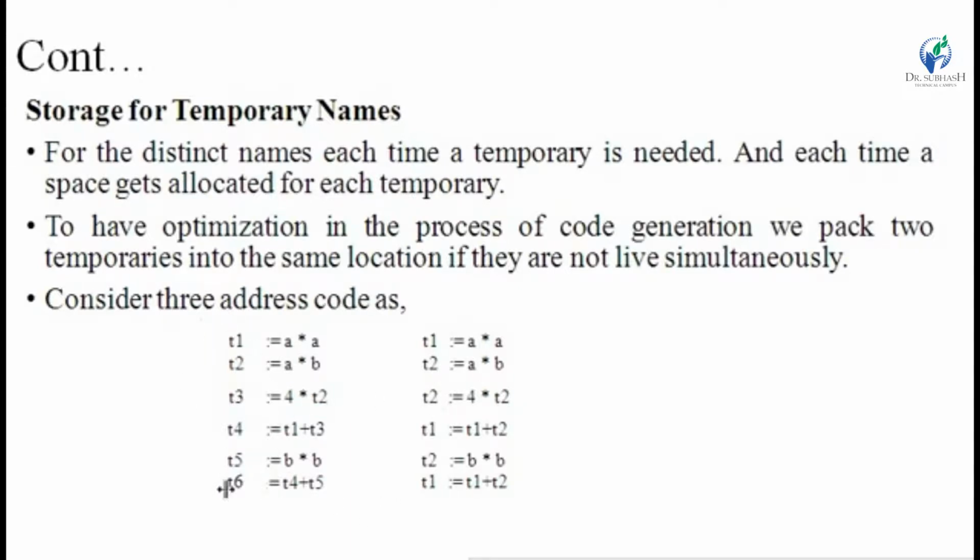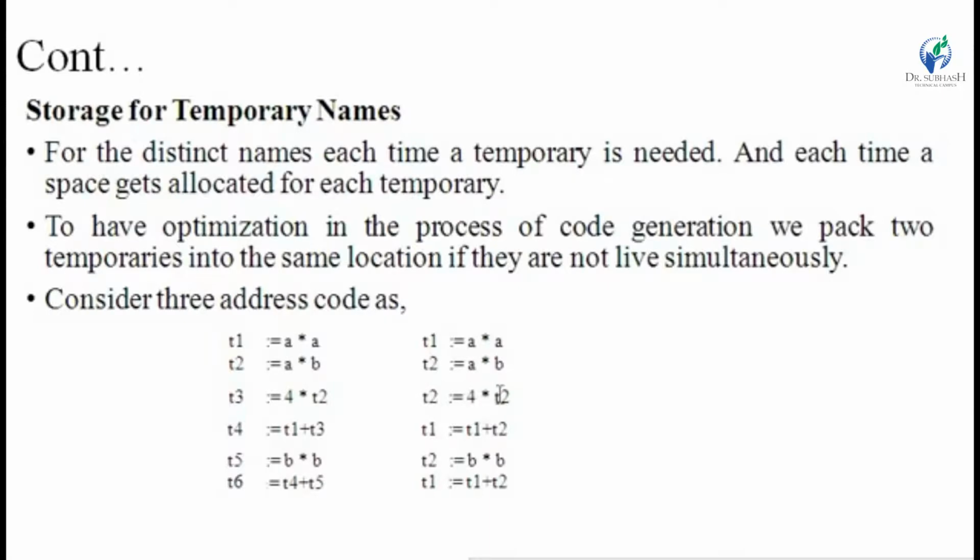These 6 temporaries can be replaced by these two temporaries. First use T1 is equal to A into A and T2 equal to A into B. In future you will not use T2 again, so now you can reuse the variable T2.